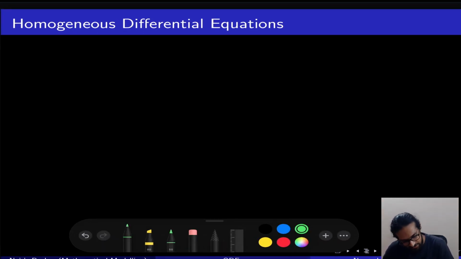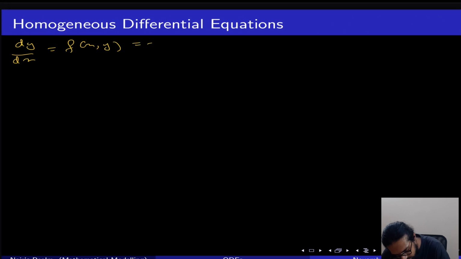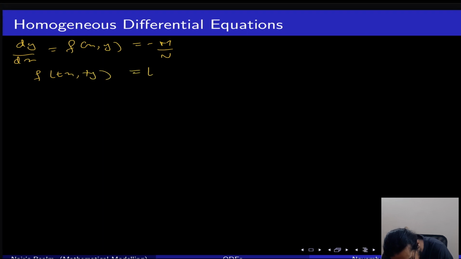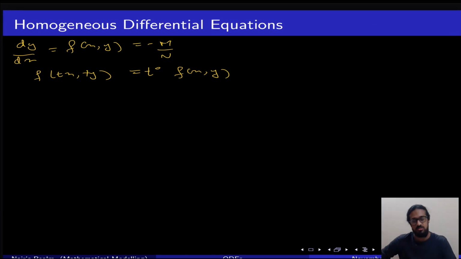So now let's say I have dy by dx is equal to f of x comma y, which was equal to minus m by n. We saw that. Now let's just do the following substitution. First, we can see that f of tx comma ty is equal to t power 0 times f of x comma y. We just saw that.